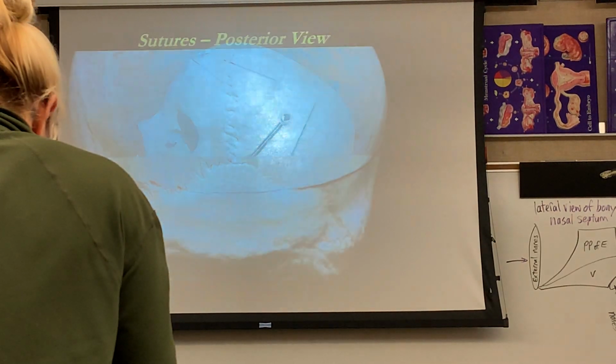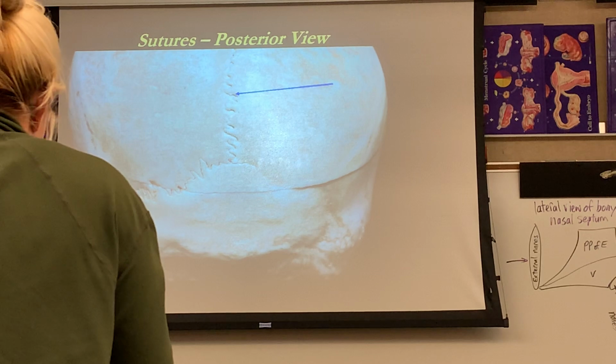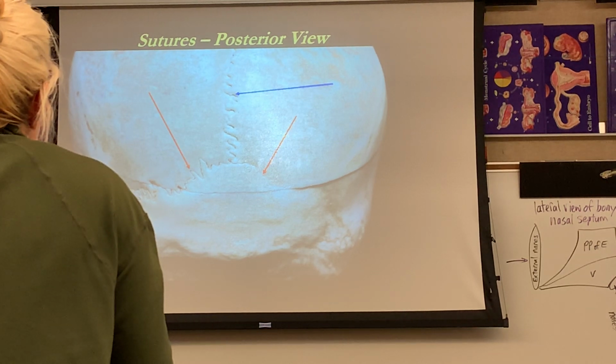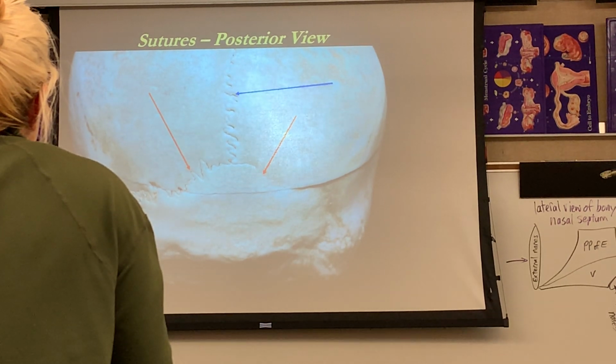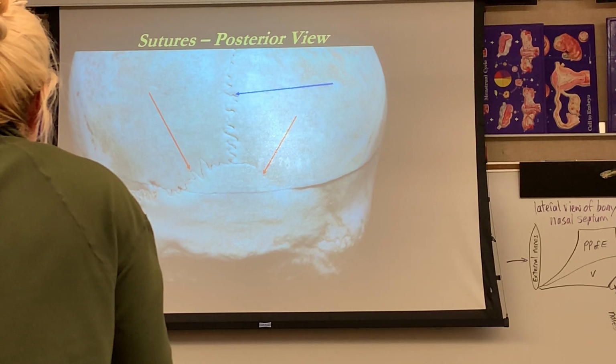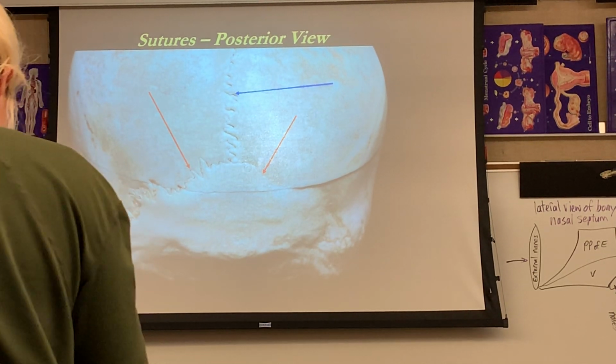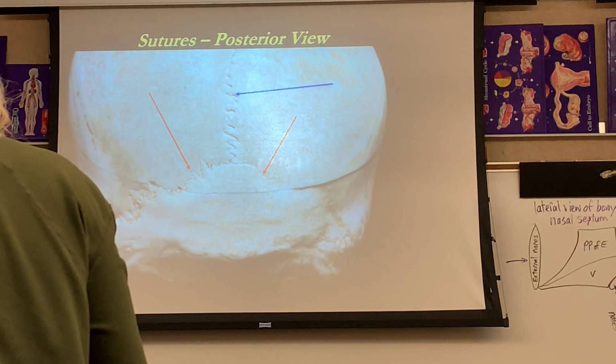Then on the posterior, that's sagittal suture on the midline, but because it's shaped in these angles like the lambda letter, it's the lambdoid suture in orange. You got one right, left, and on the other side of the lambdoid suture is occipital bone.